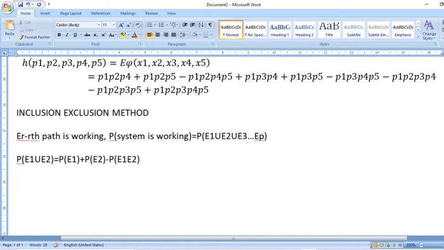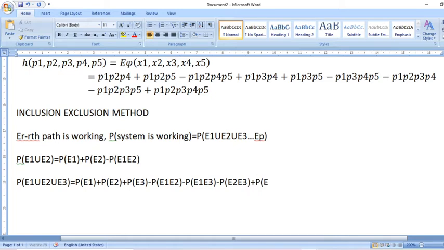For three events, the probability of E1 union E2 union E3 equals the probability of E1 plus the probability of E2 plus the probability of E3, minus the probability of E1E2, minus the probability of E1E3, minus the probability of E2E3, plus the probability of E1E2E3.